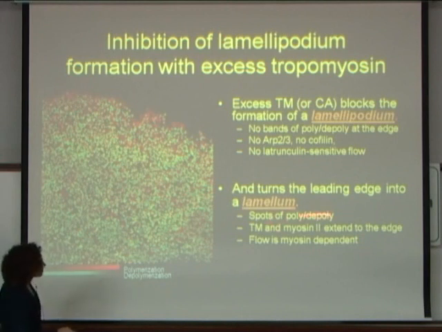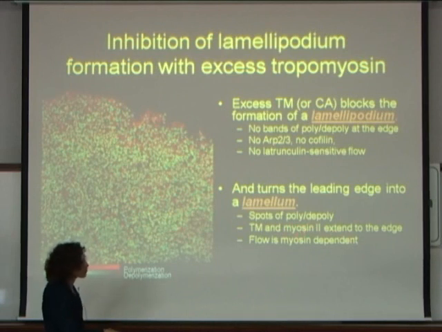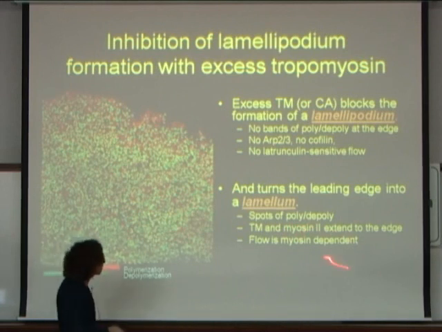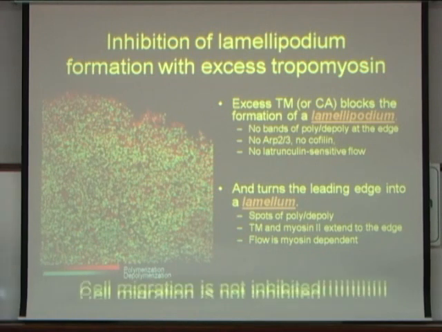It has the kinetic signature where we have these interspersed spots of polymerization and depolymerization, and the molecular signature with tropomyosin and the myosin motor extending all the way to the edge of the cell instead of being excluded from that region. And the motion of the actin in this region is dependent on myosin, whereas the motion of the actin in the lamellipodium is not.